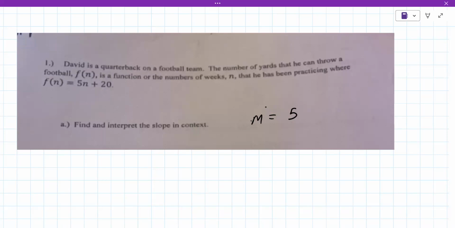The number of yards he can throw a football is going up by how much each week? 5 yards. Yes, so you would say something like every week he practices, he improves by 5 yards the distance he can throw.